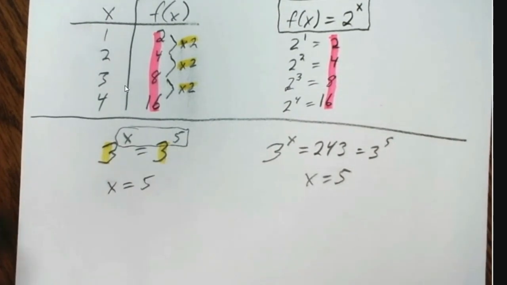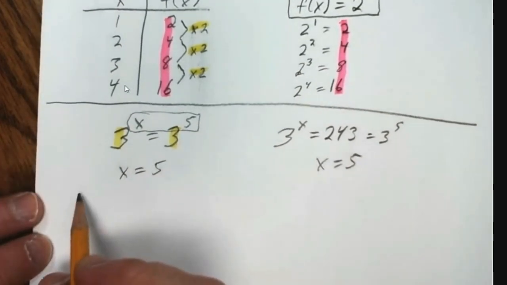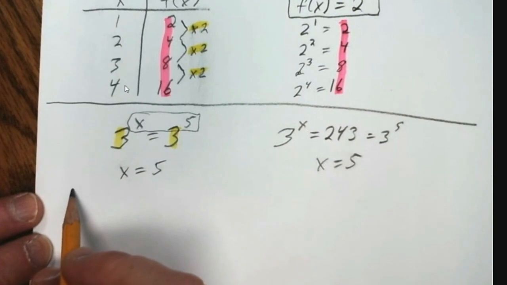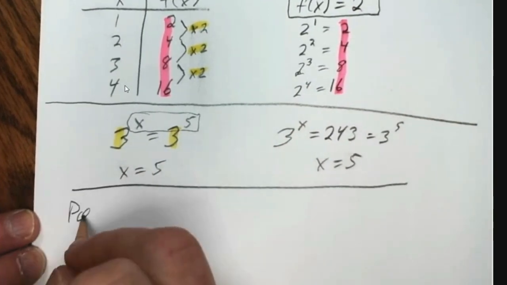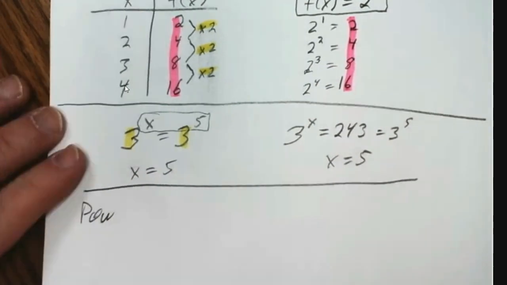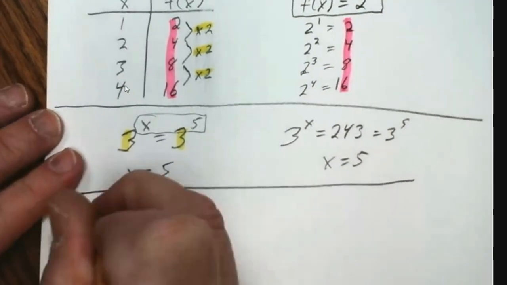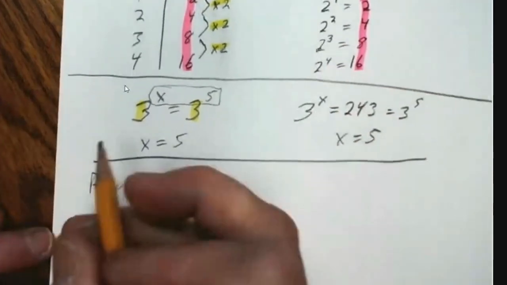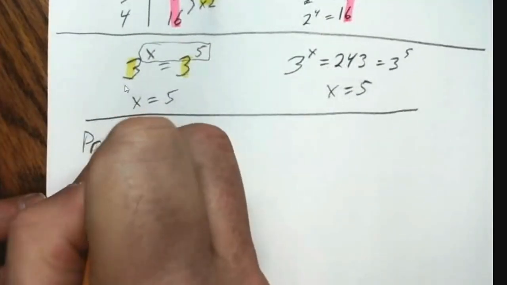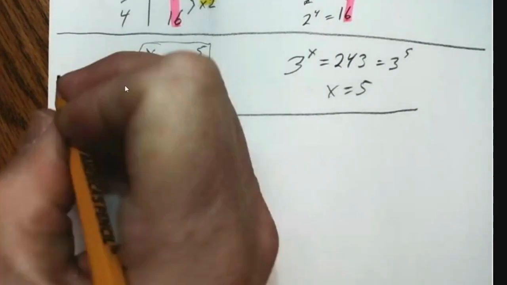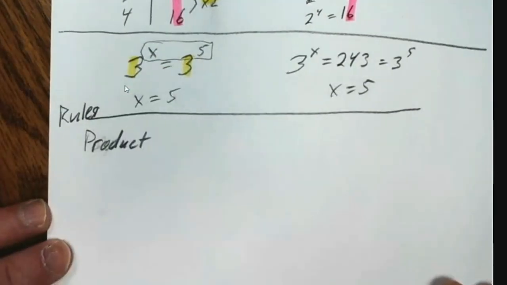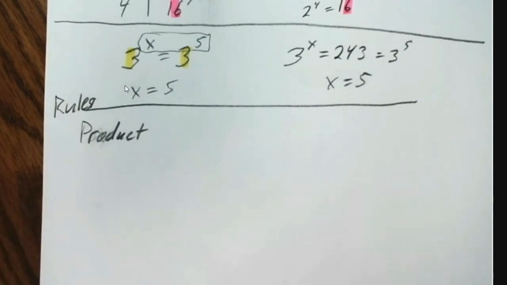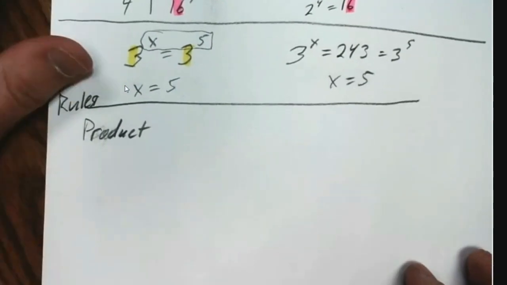So in solving these, we need to review a little bit on our rules for exponents. Let's start with the product rule. The product rule is easiest, as we review here. We're going over the rules, and this works for exponential equations the same as it does for regular equations that have exponents.